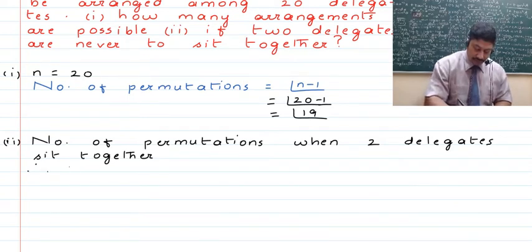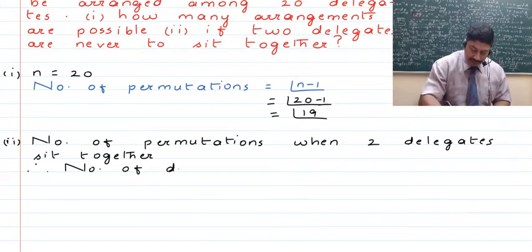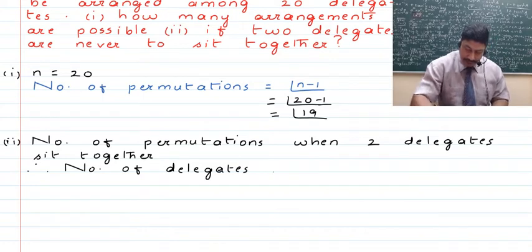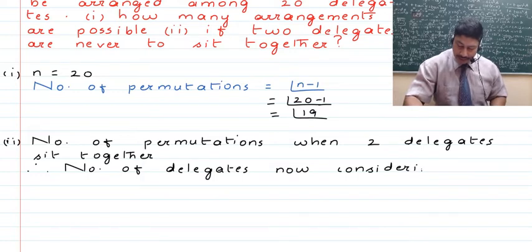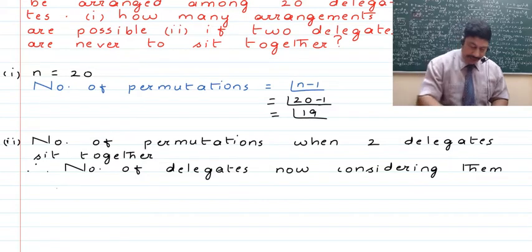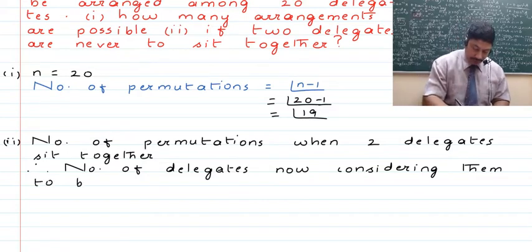So now here you will say, therefore, number of delegates now, considering them to be 1, is equal to 19.